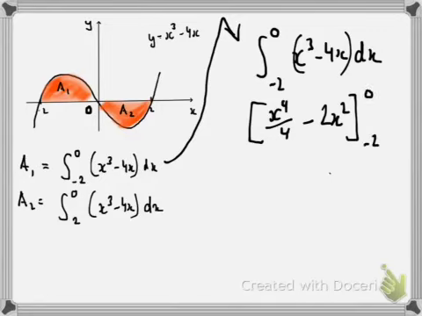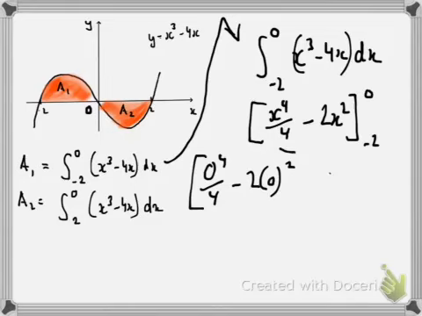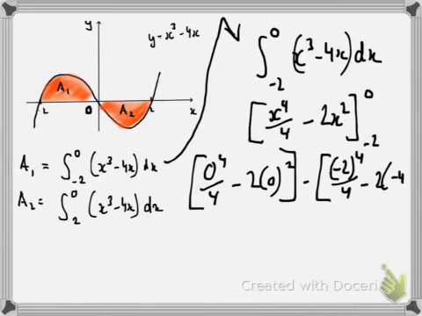So putting in 0 first of all, we're going to get 0 to the power of 4 on 4 minus 2 times 0 squared, minus, putting negative 2 in, negative 2 to the power of 4 over 4 minus 2 times negative 2 squared.